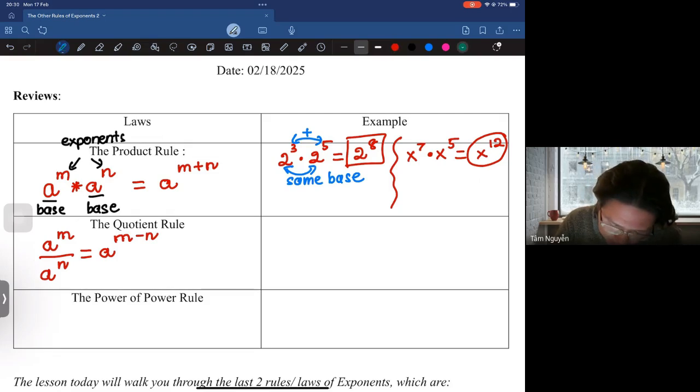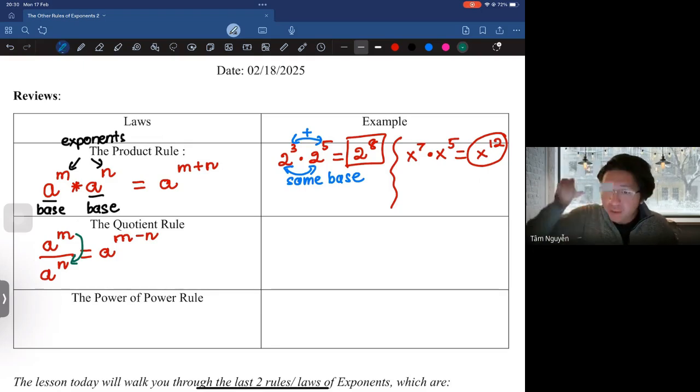But keep in mind, please, the order of the subtraction is that we take the exponent on top, and then we subtract the exponent at the bottom. You're not going to go backward, all right? You're not going to go upward. You go in order from the top to the bottom.